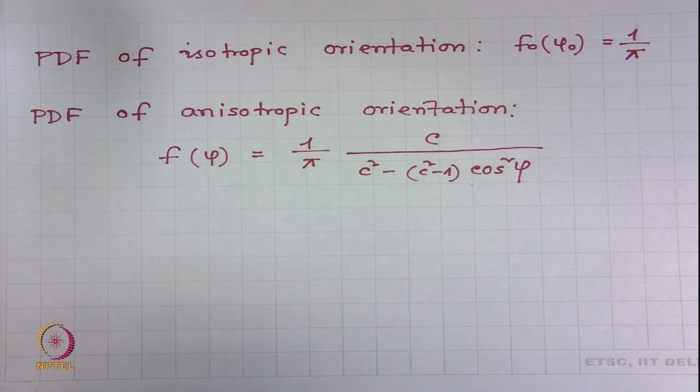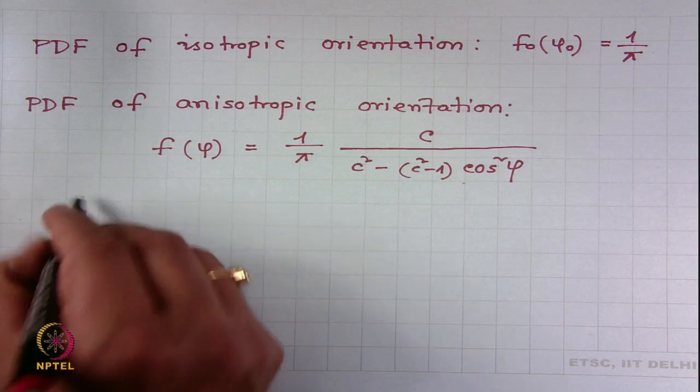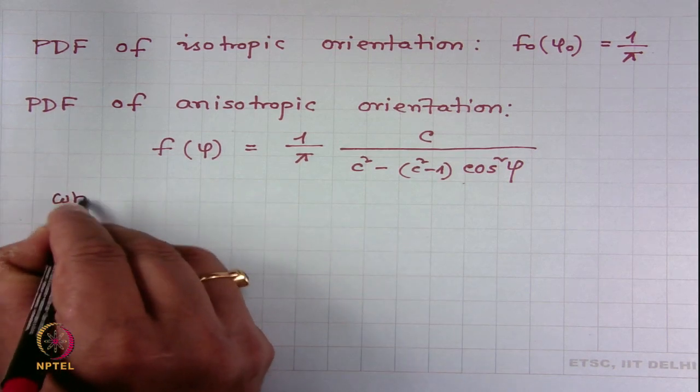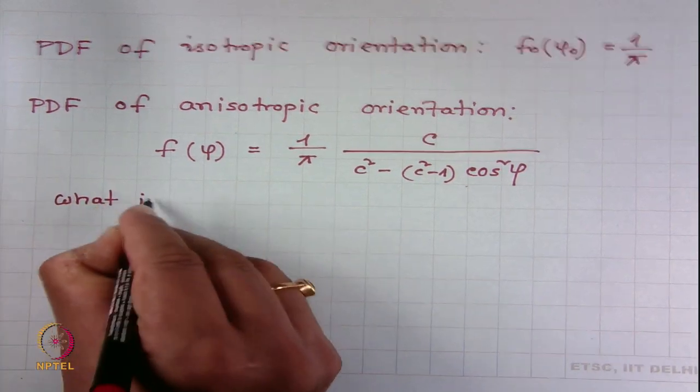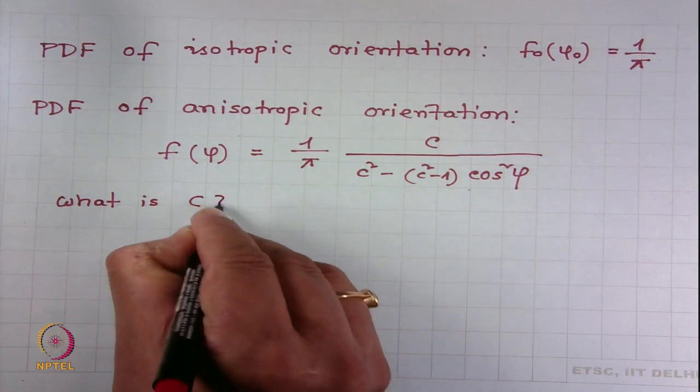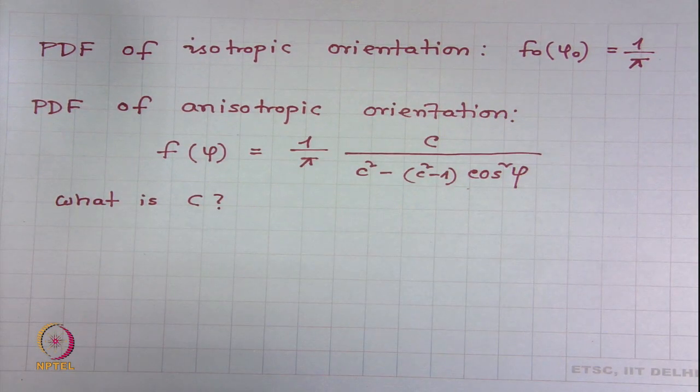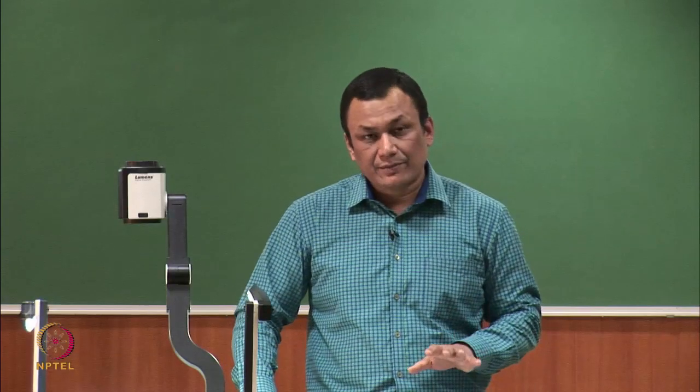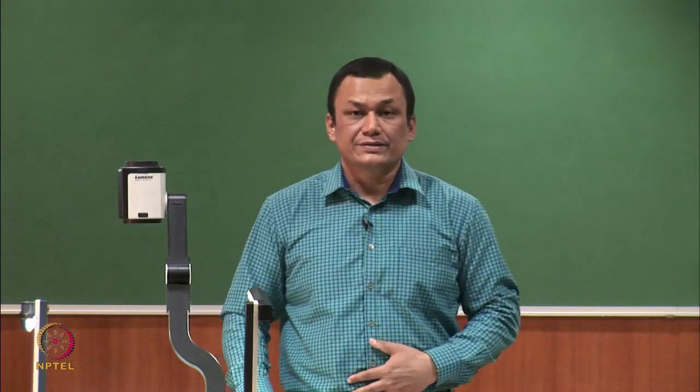Now, what is C? This is now the question. We need to understand about this C. What is the character of C?